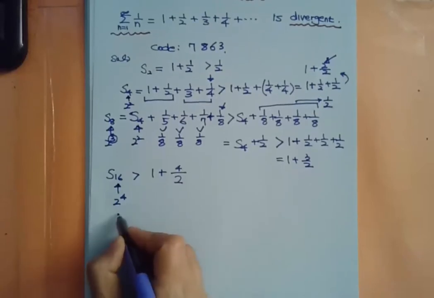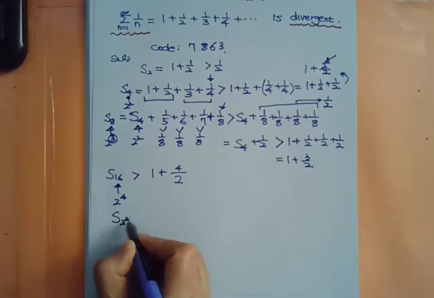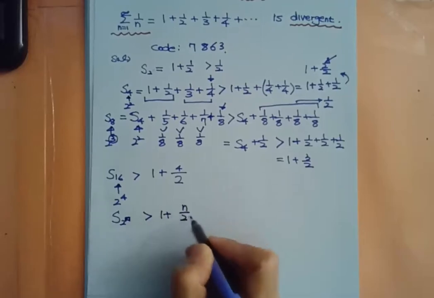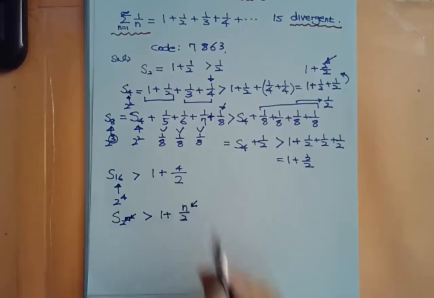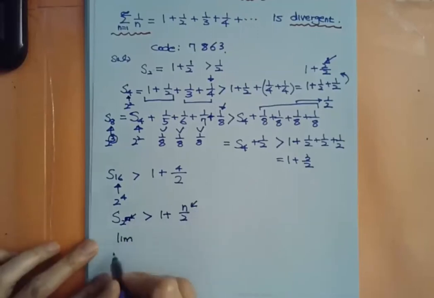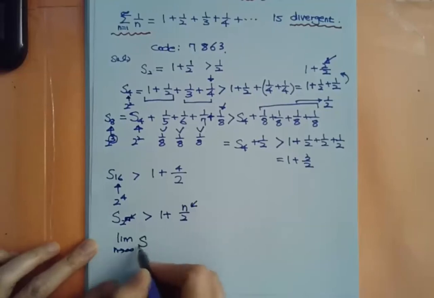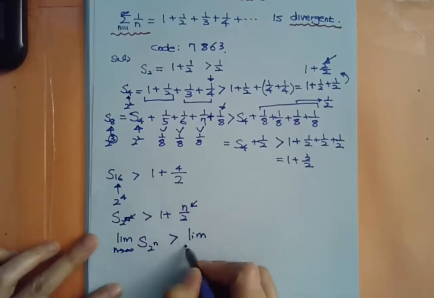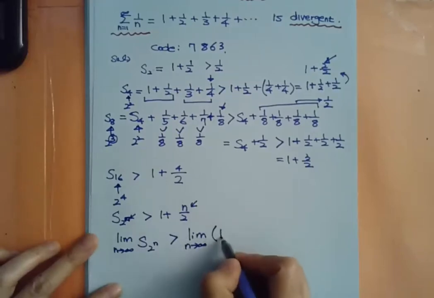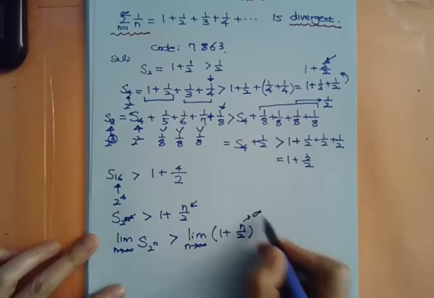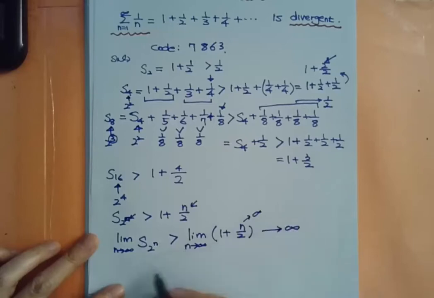So what we can think about is that S sub 2 to the n is greater than 1 plus n/2. So this power and this one are the same. When we take the limit as n goes to infinity, S sub 2 to the n is greater than the limit as n goes to infinity of 1 plus n/2. This goes to infinity, and so the whole thing goes to infinity.